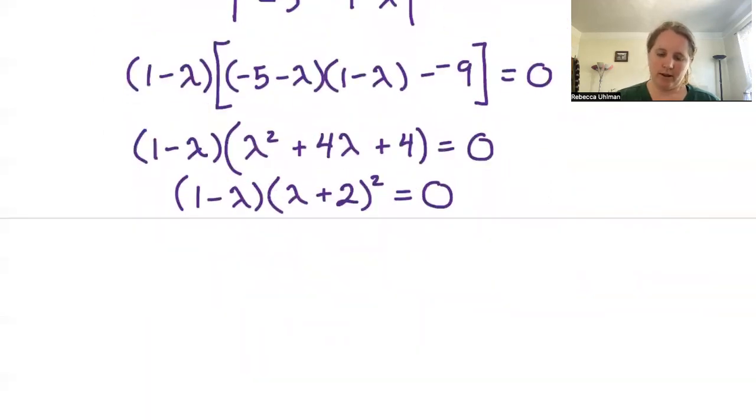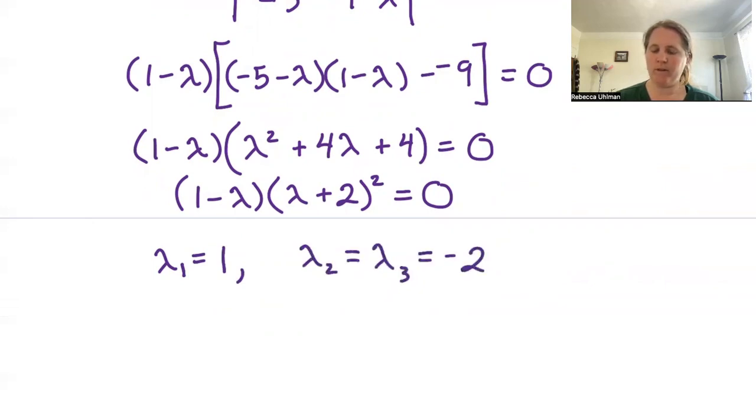So we have lambda 1 is equal to 1, and lambda 2 and lambda 3 are both -2. We're going to have to find eigenvectors for both cases. In the case with lambda 2, we will likely also have to find an eta.